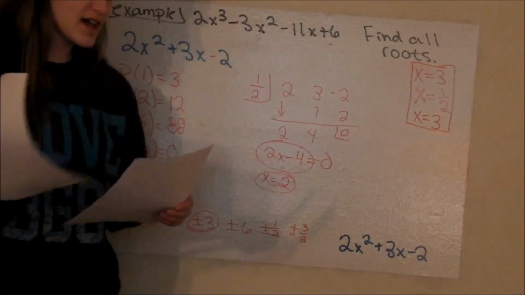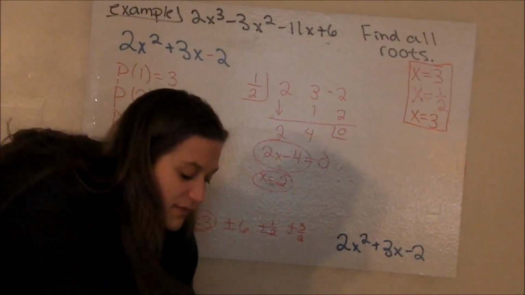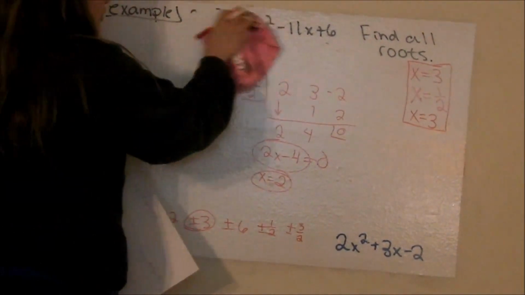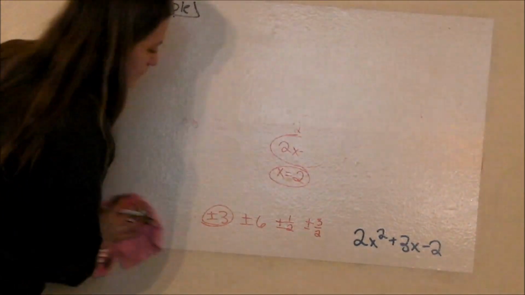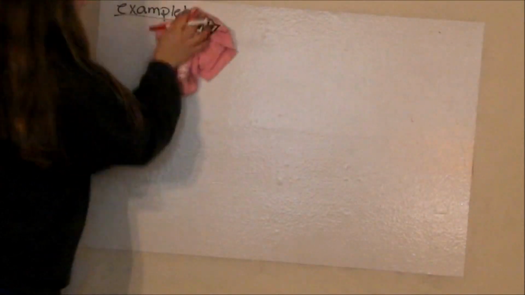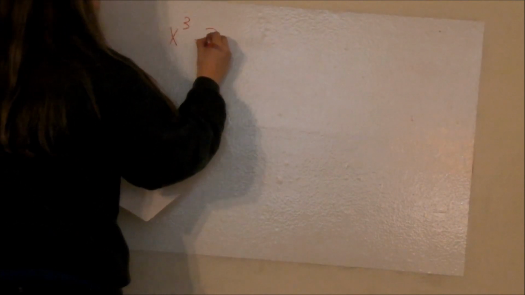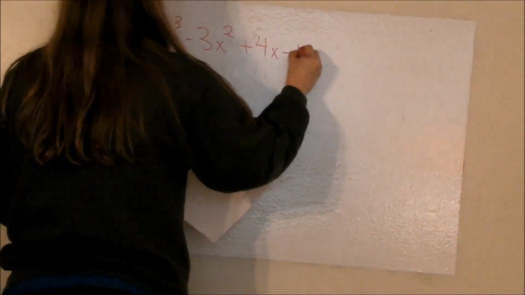And actually, for our last example, which I want you to do on your own, it will be checked on Monday, and we'll go over it if there are any questions, but I really want you to try it. Okay? It is x cubed minus 3x squared plus 4x minus 12.